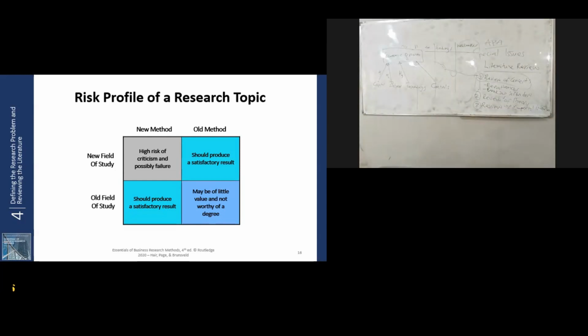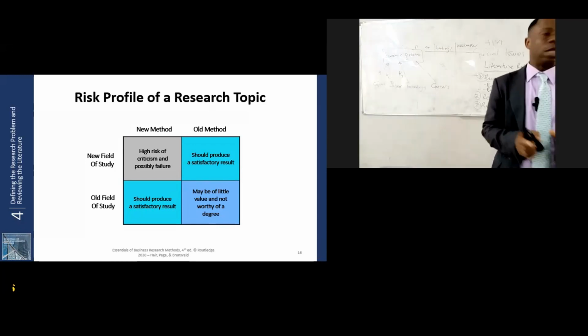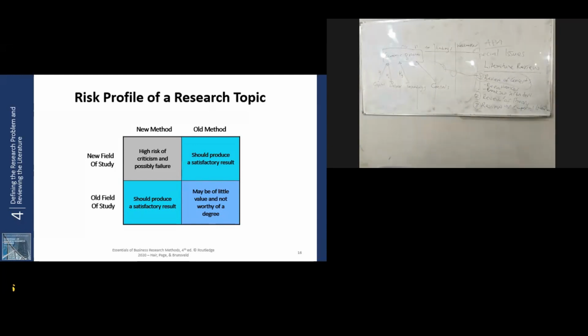Now, let's look at the other part where it's a new field of study, but old method. Over there, you should be able to provide some satisfactory results. At least your contribution is that it is a new field of study. New knowledge is coming out of it.